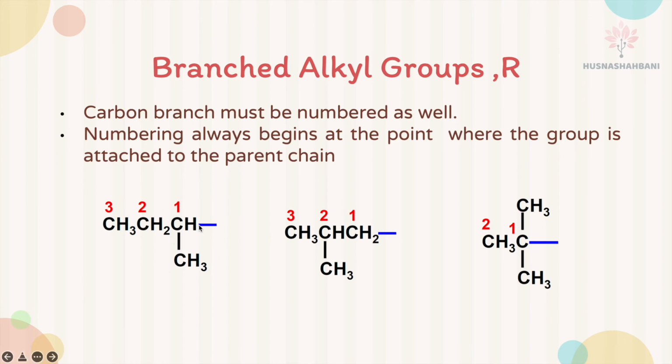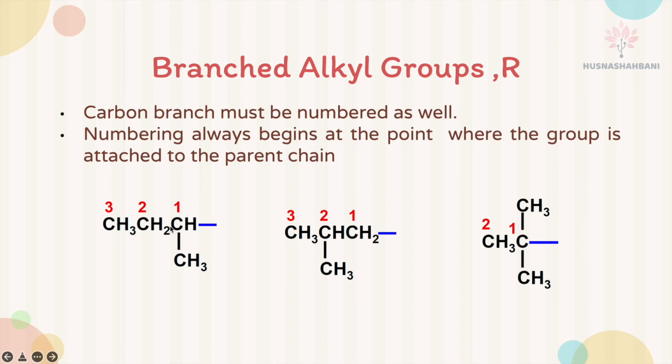And then here you start counting the carbons in the branch. Carbon number 1 must be the carbon that is attached to the parent. So if this is carbon number 1, this is carbon number 2, carbon number 3. You select the longest carbon chain as well. This is carbon 1, the carbon that is attached to the parent.